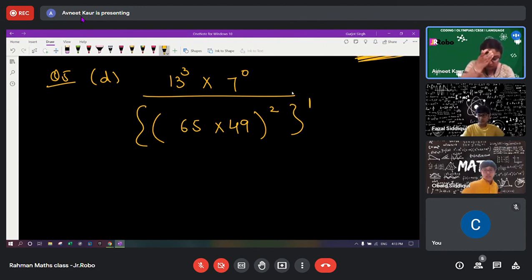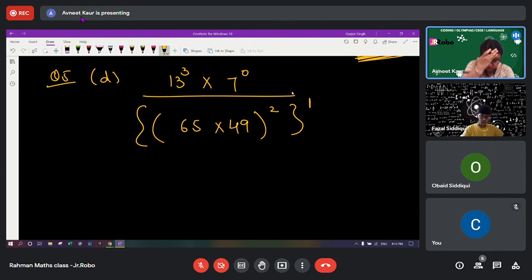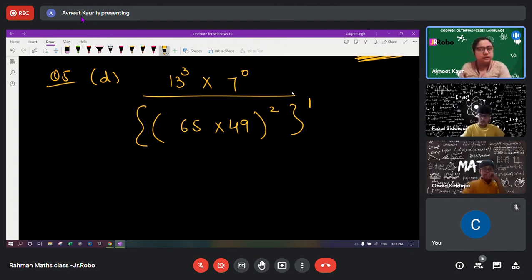You have to simplify and express each of the following in exponential form. Again, simplify means you have to solve it, and express each of the following in exponential form means your ultimate answer should be in power notation or exponential notation. So let's solve it.